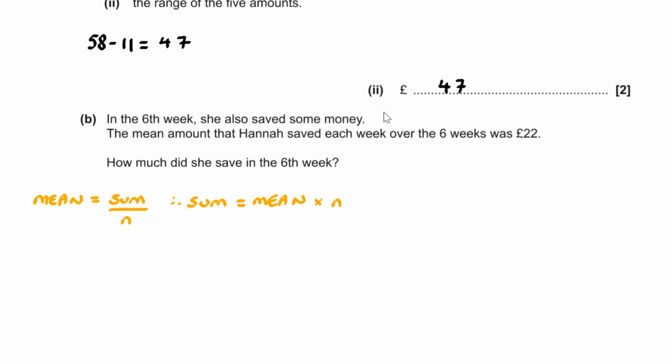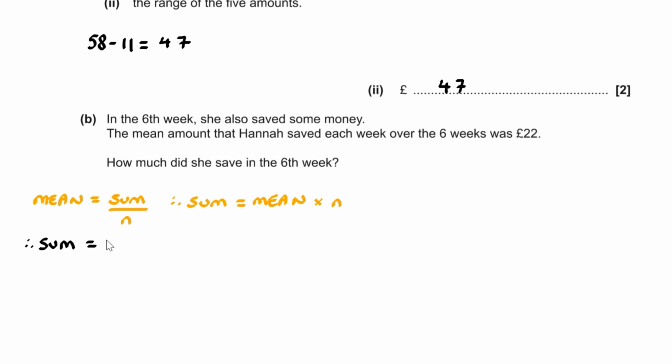Well, first of all, the mean, that's given by the sum of all the numbers divided by n, and therefore the sum of all the numbers is equal to the mean times by n, the number of numbers we have. So therefore we can work out the sum of all our numbers. n here is the number of pieces of data.